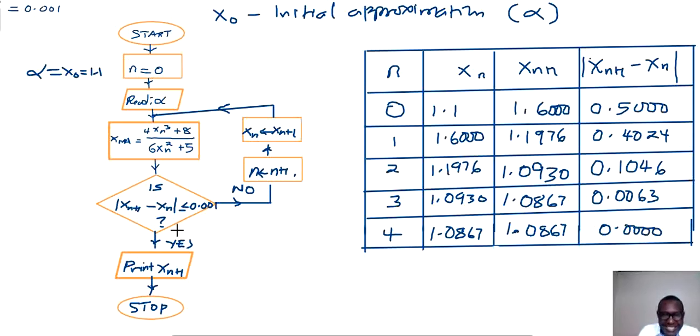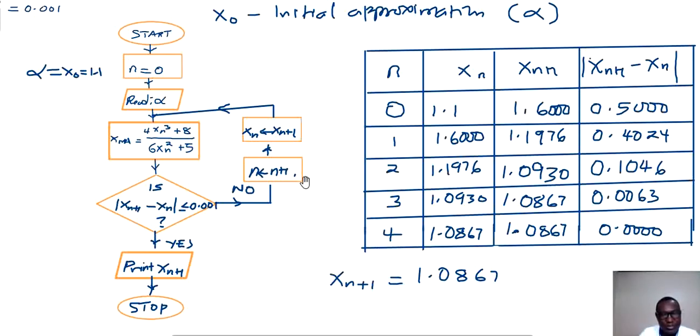So is 0.0000 less than 0.001? Yes. So what do we do? We are going to print xn plus 1, which is now equal to 1.0867. Then what happens next? We stop. That means there is no more work to be done here.